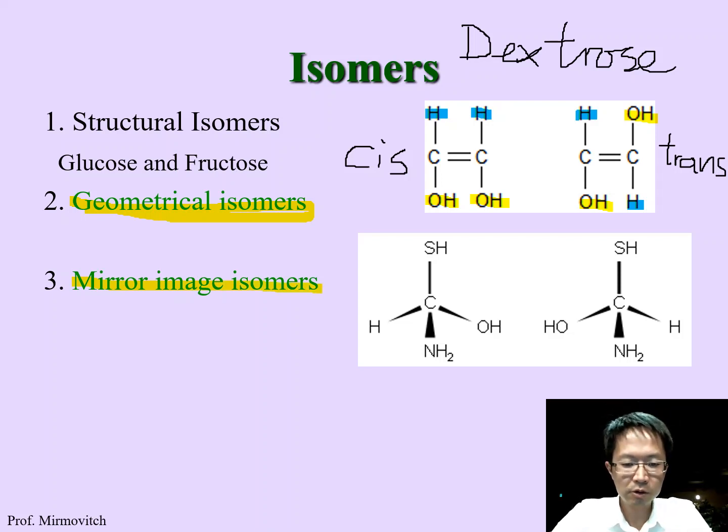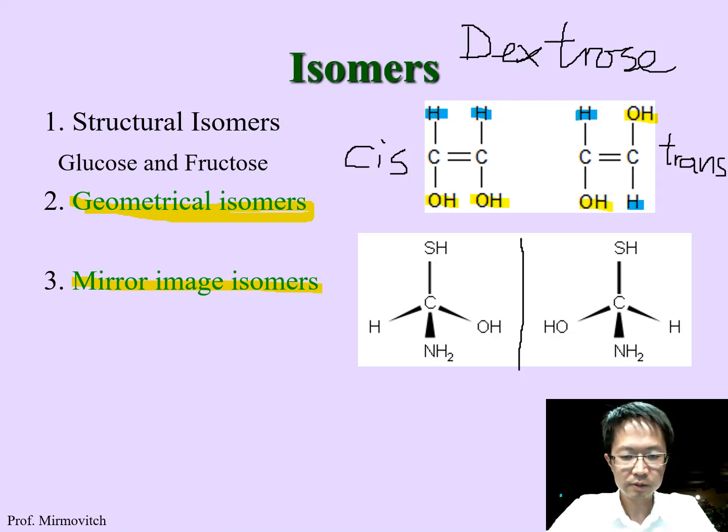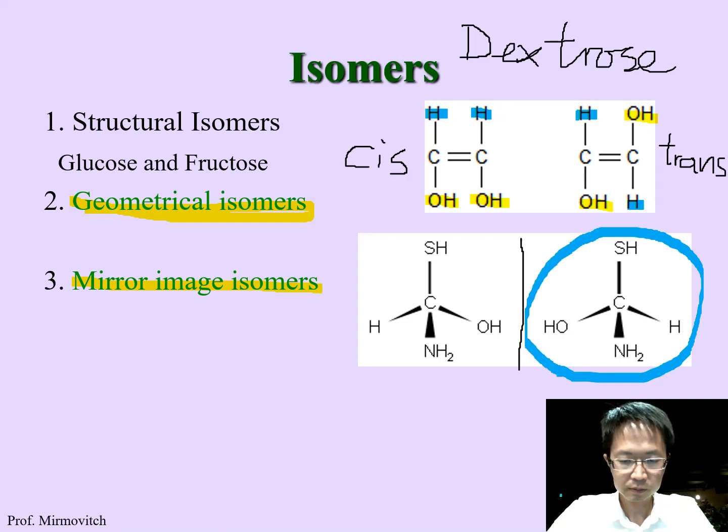If you put a molecule in front of a mirror like here, then you'll get a mirror image of the molecule. The mirror images usually have special properties.